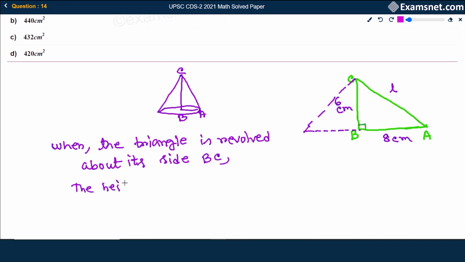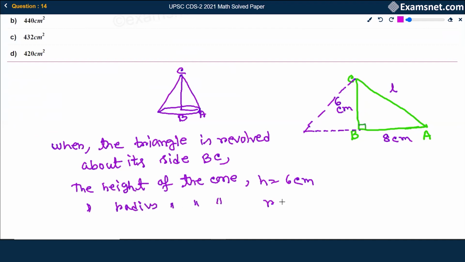The height of the cone will be the perpendicular height of the triangle, that is H is 6 centimeter. The radius of the cone thus formed, R, is the base length of the triangle. So R equals to 8 centimeter. So let's first find the value for L with the help of the Pythagoras theorem.